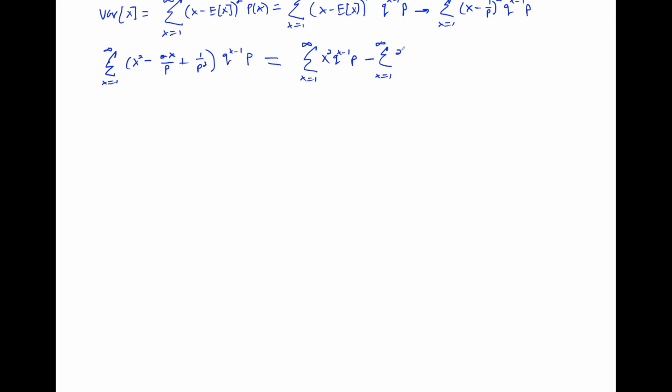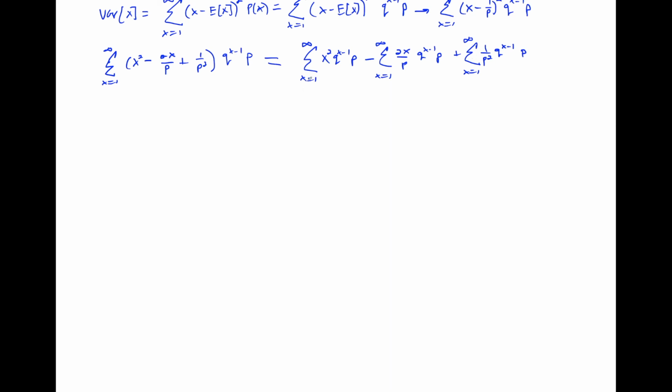We have 2x upon p, q to the x minus 1 power times p. And then we have plus our infinite sum, x goes from 1 to infinity of 1 upon p squared, q to the x minus 1 times p. All right. So now that we do that, let's do a little bit of algebra.